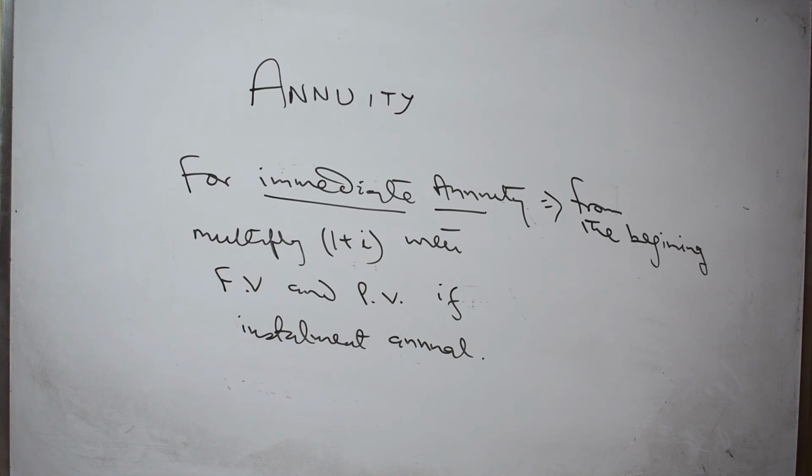If the question says you have to pay the installments from the beginning, in both future value and present value, just multiply the result, as we have done in regular annuity, with 1 plus I. That is all for the annuity basic concept today.